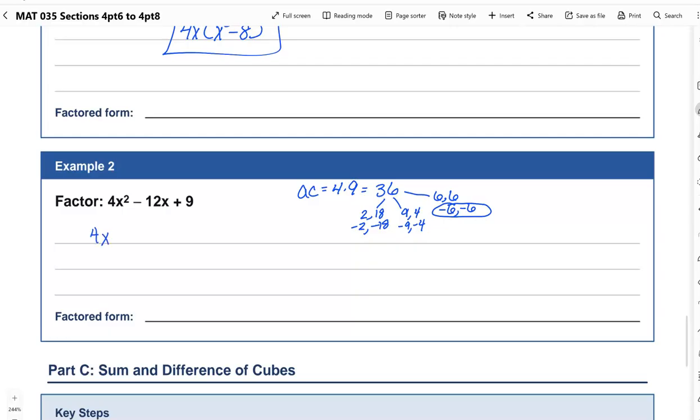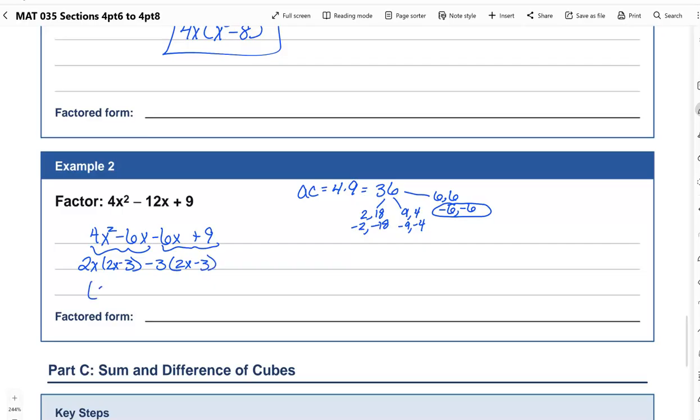So we're going to do a rewrite. 4x squared minus 6x minus 6x plus 9. Group the first two together. We can factor out a 2x, leaving us with 2x minus 3. Group the second two together and factor out a minus 3, leaving us with, I forgot my 2 there, 2x minus 3.